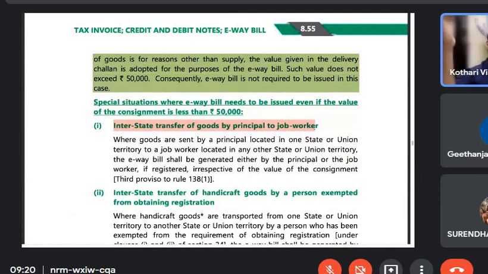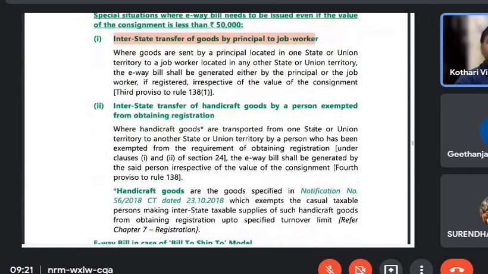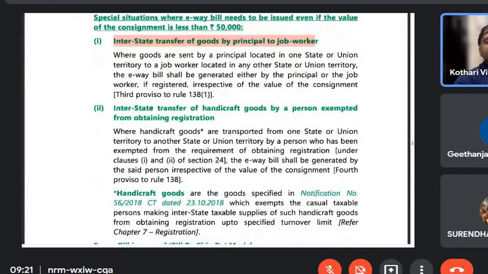What is that person doing? He is doing only services. My material I am supplying, he will work on it and then send it to me. That is job work. In that case, even if the value is less than 50,000, an e-waybill needs to be generated. Interstate transfer of handicraft goods by a person exempted from obtaining registration.